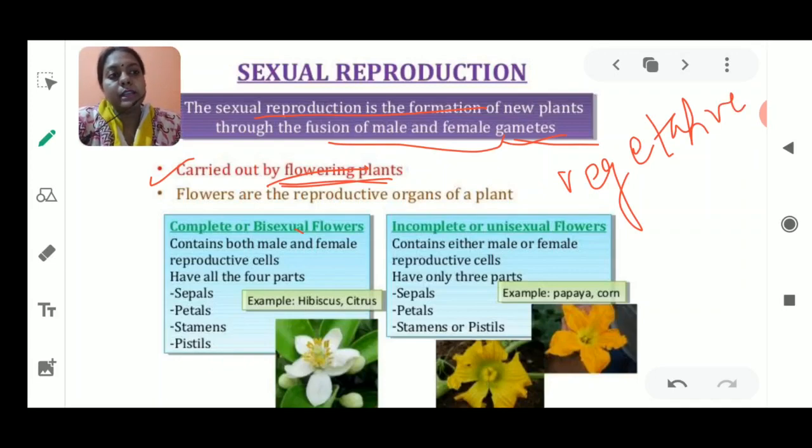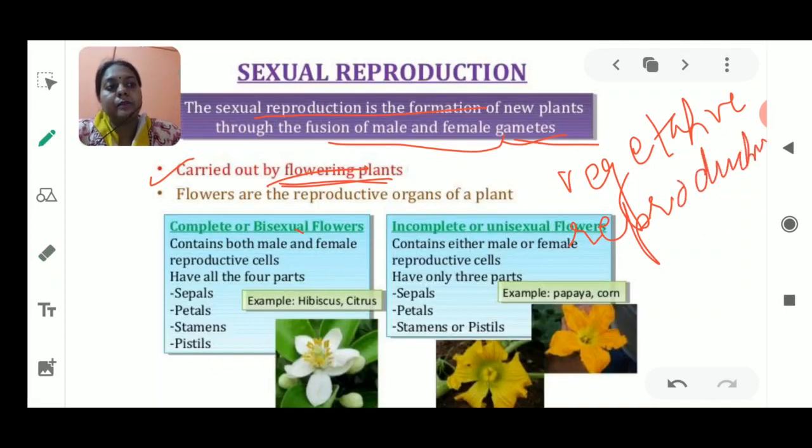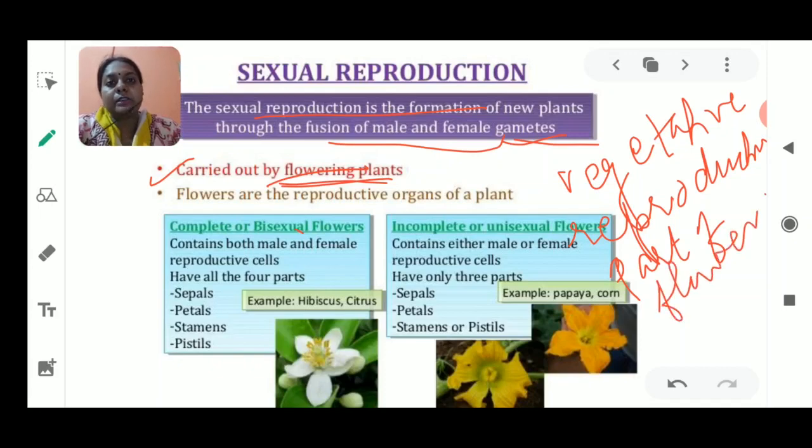Now we are only left with the reproductive part of the flower.